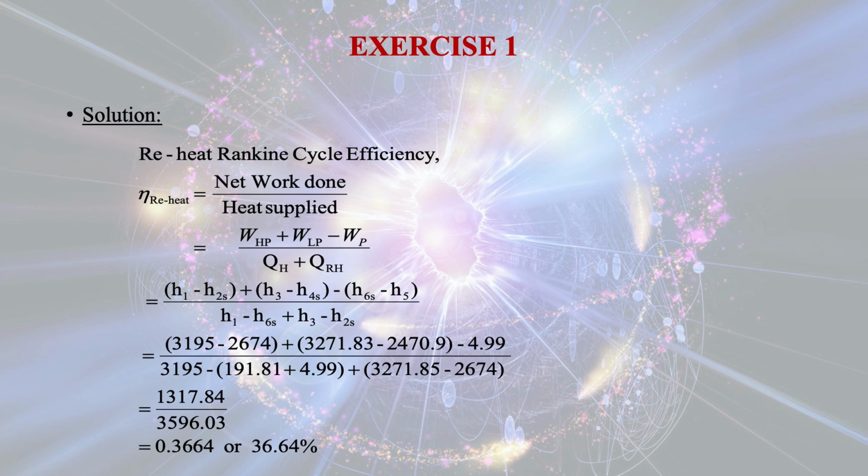WP is the work done by the pump, and that is equal to H6S minus H5. So all the values are known. You can calculate the efficiency, and of course Q1, that is H1 minus H6S, and Q reheater is H3 minus H4S. All the values are known, so just put the values in the expressions.